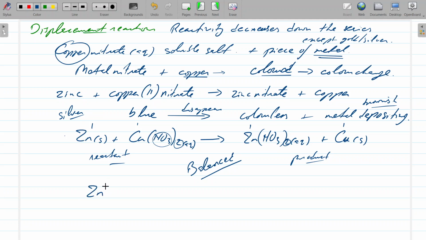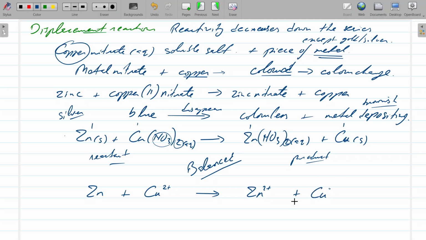Elemental zinc has no oxidation state, so it's basically 0. You don't need to write 0, but just to tell you. And you've got copper 2, which has an oxidation state of +2. Now you've got zinc and elemental copper.